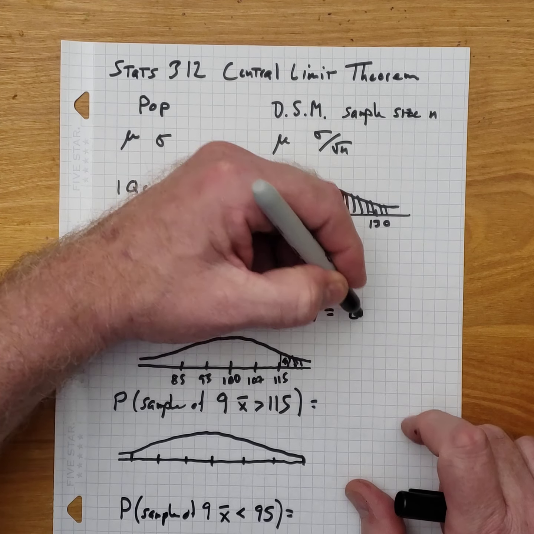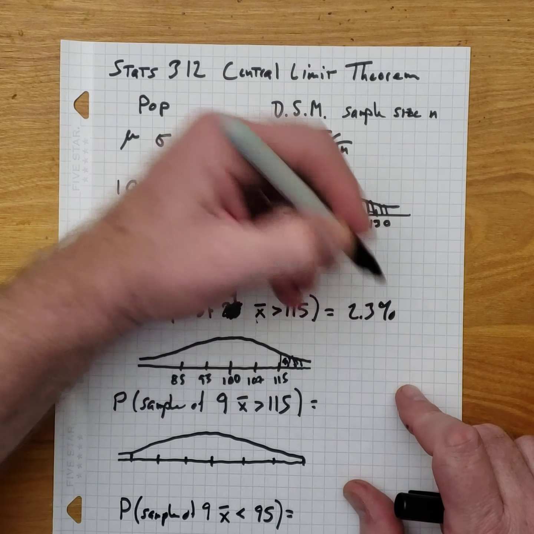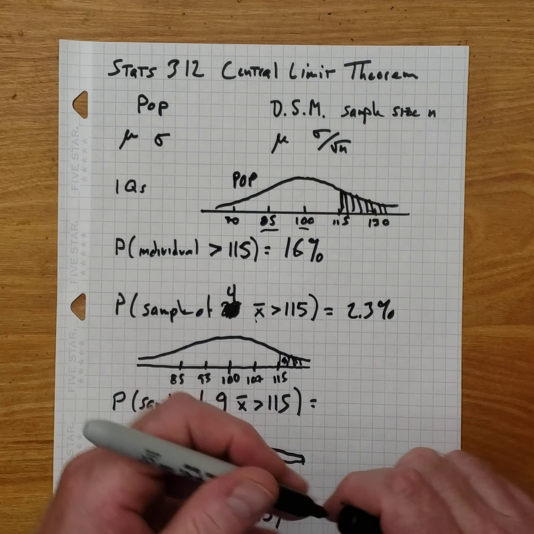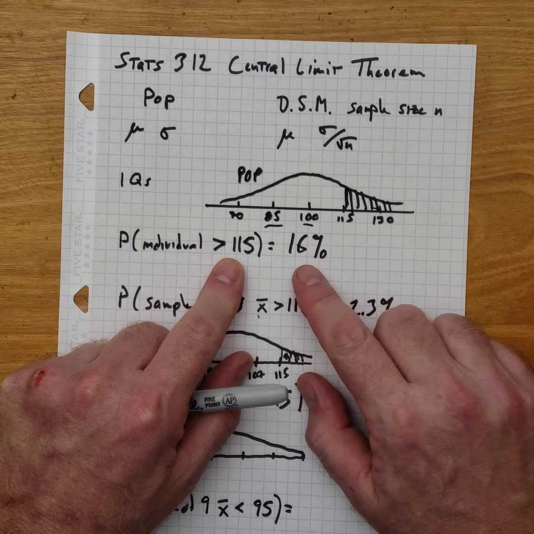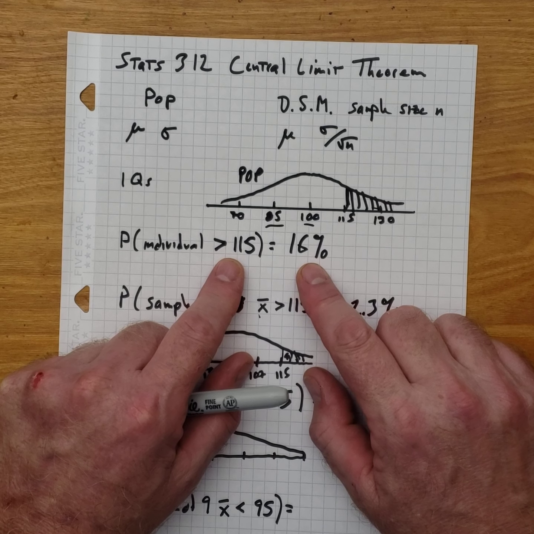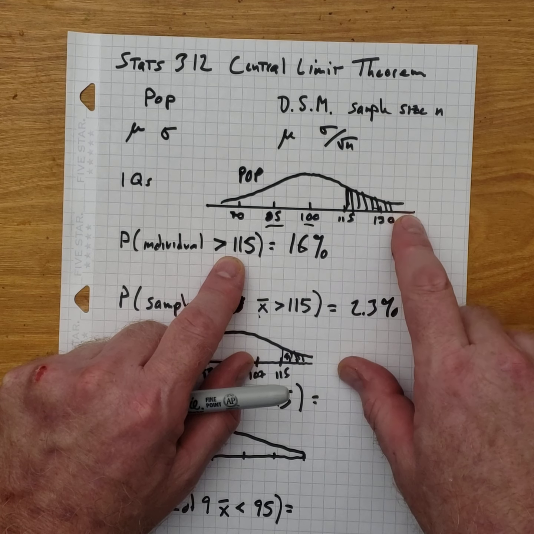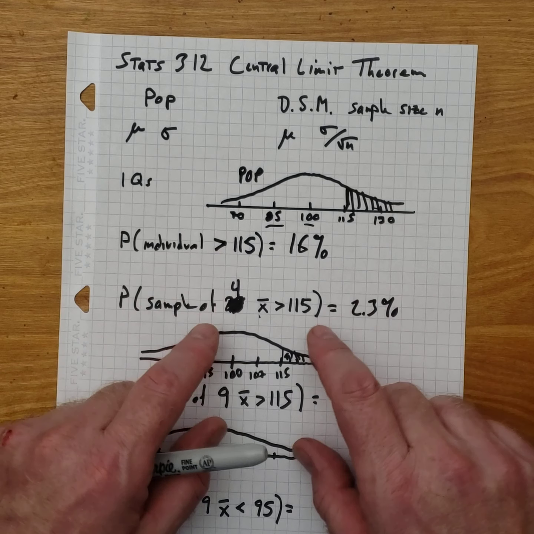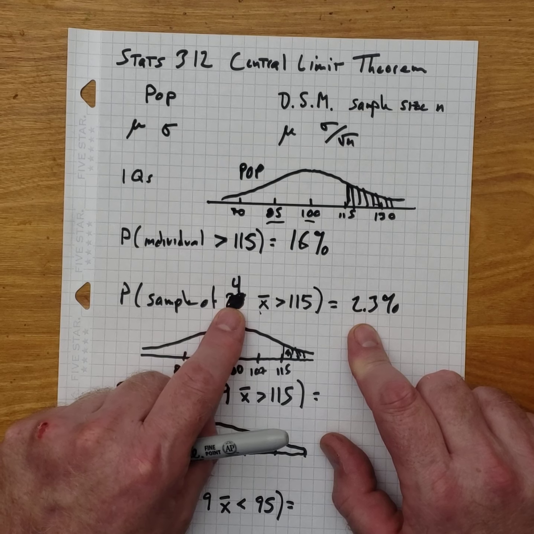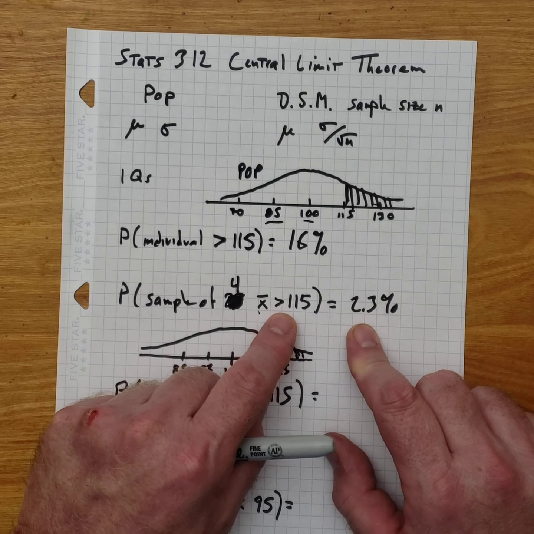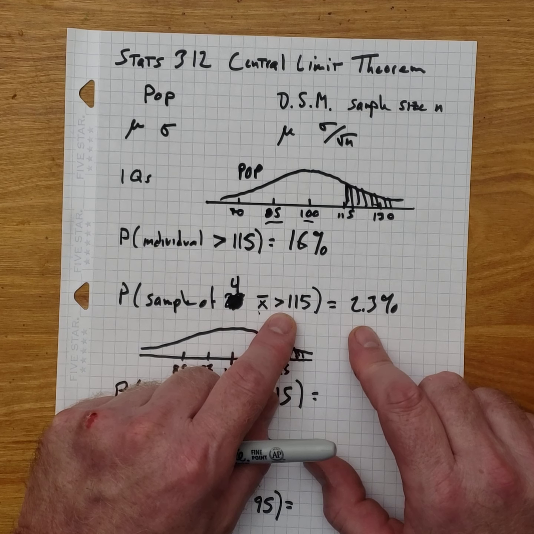So 2.3%. Okay, now think about what that means. If we pick a person at random, it's fairly likely, it's not terribly unlikely, that they're going to have an IQ above 115, but it would be much more unlikely for a group of people selected at random to have an average IQ that was that high.